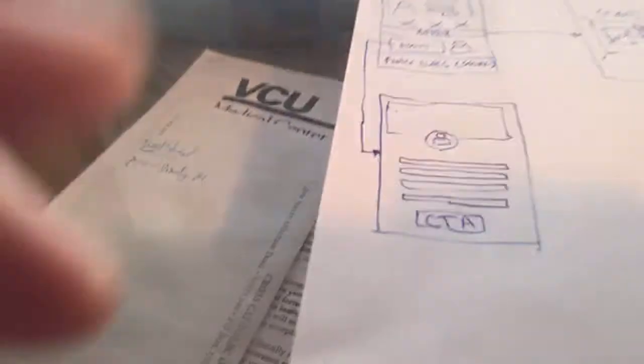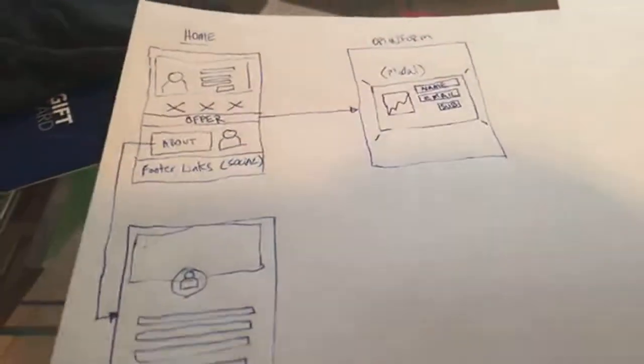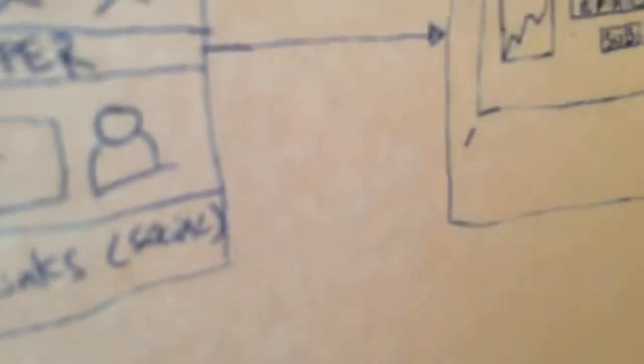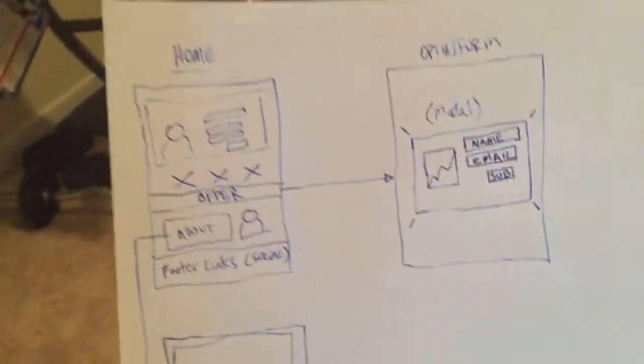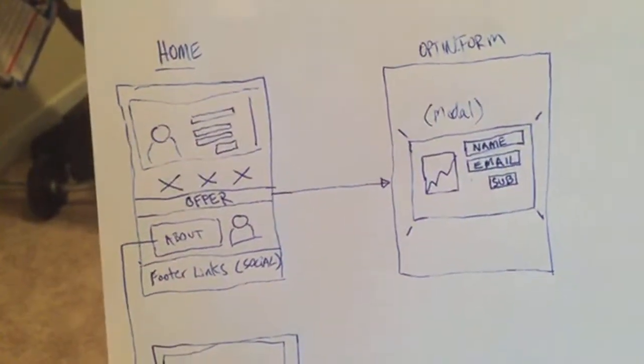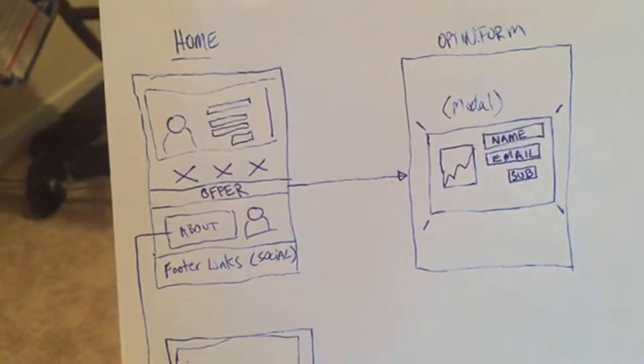So I'm going to show you an old wireframe that I sketched out for my website, dannyjliu.com. You can see here I've got the home page at the upper left-hand corner of the screen.